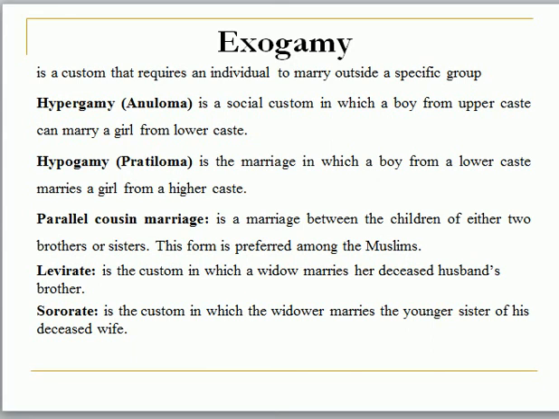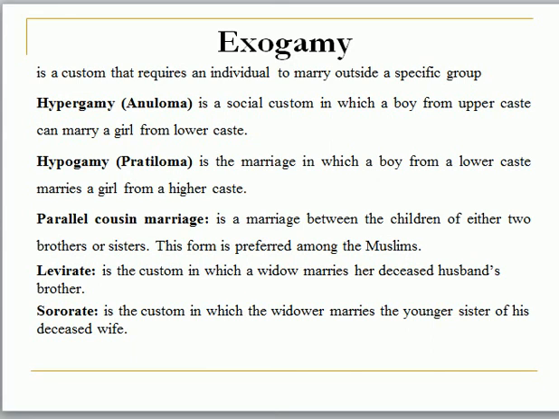Exogamy is a system of marriage that requires an individual to marry outside of a specific group. For example, Hindus take marriage not from their own caste and religious groups, but marry into other castes and other religious groups.